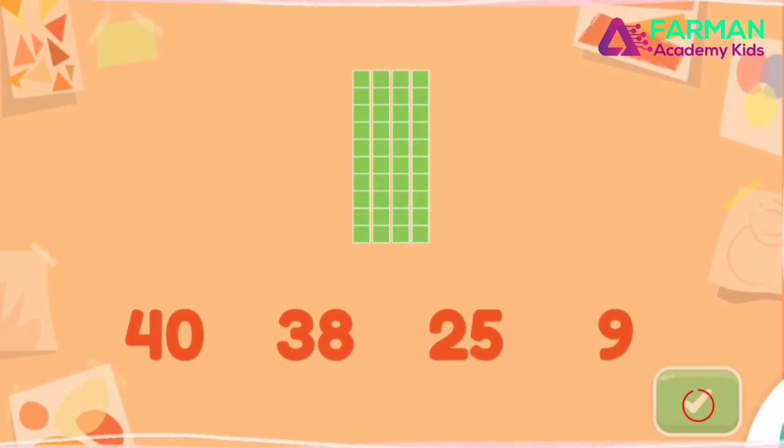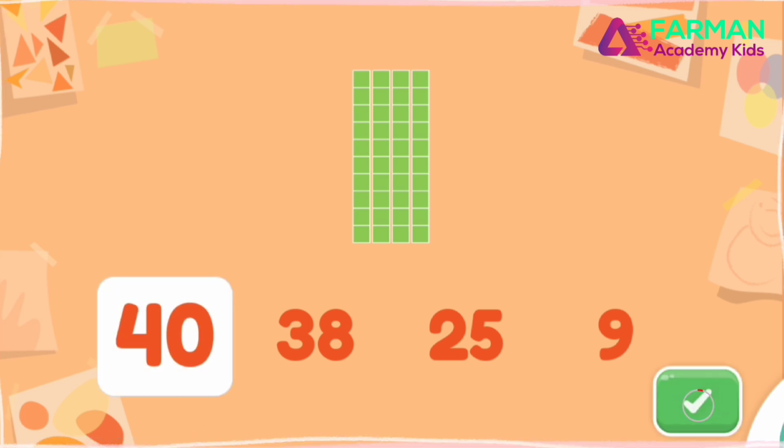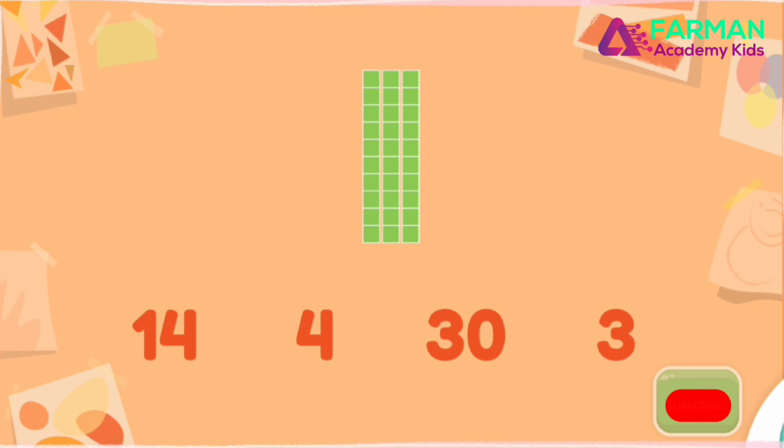How many blocks are there? Each rod equals 10 blocks. You did it! There are 40. How many blocks are there? Each rod equals 10 blocks.